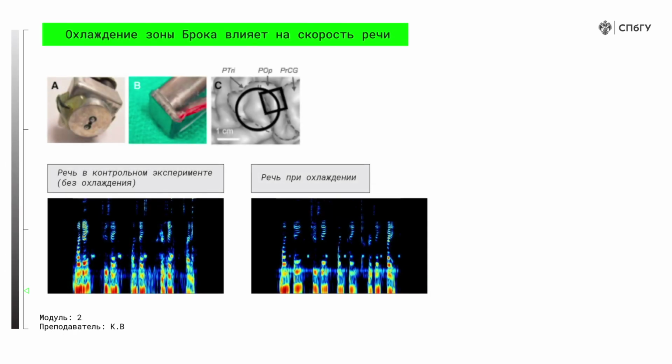Speech production can be impaired by selective cooling of the relevant brain regions, an experiment that is possible during intraoperative studies. When a cooling probe is placed over Broca's area in the inferior frontal gyrus and experimental subjects are instructed to speak, cooling of this region affects speech timing. That is, speech becomes slower than normal.